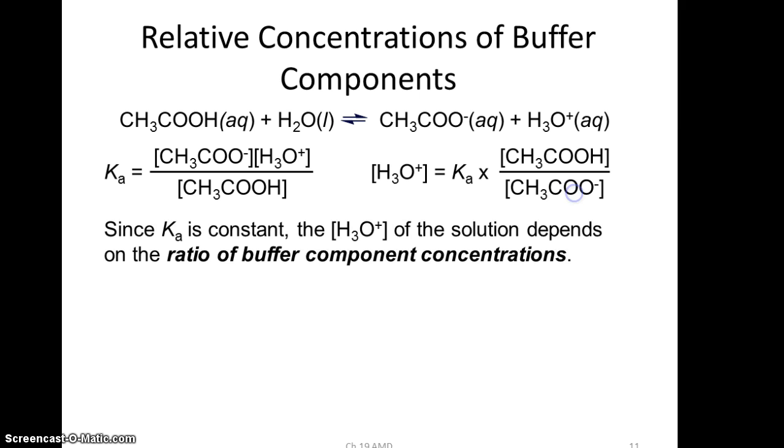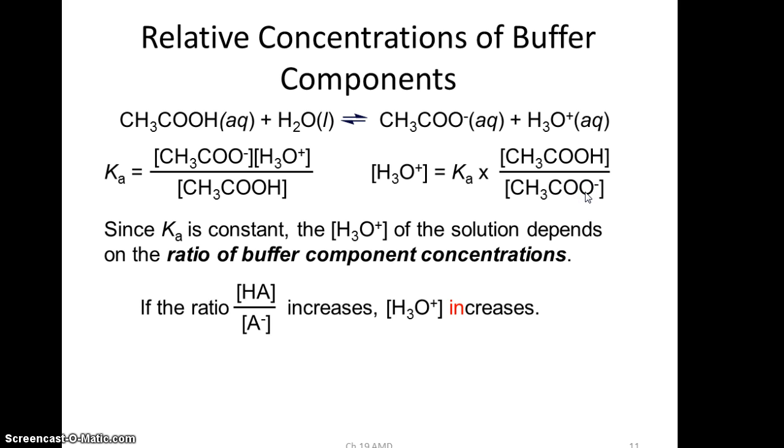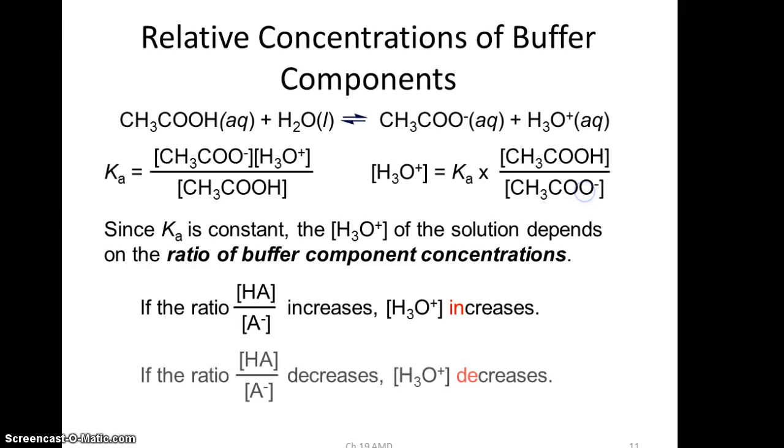If we go a little further, we know that Ka is constant. Ka remains the same if it's the same reaction at the same temperature. So that means we can make a direct connection between H3O plus and this ratio. If the ratio increases, H3O plus increases, and if the ratio decreases, H3O plus decreases.